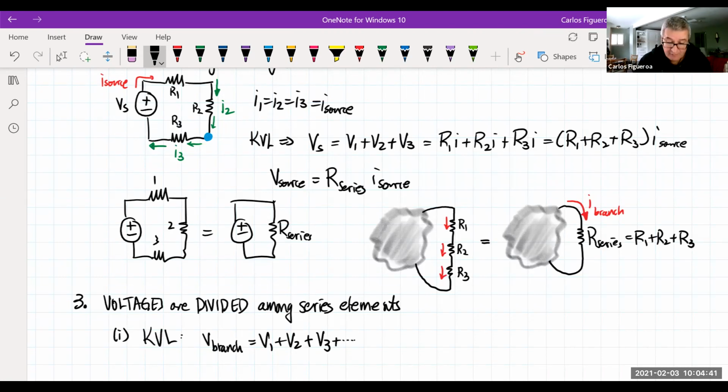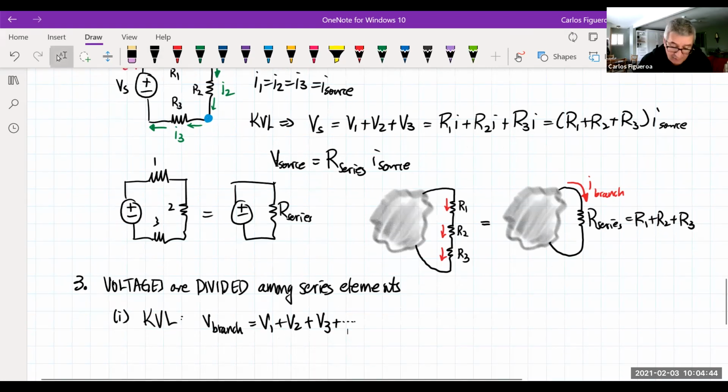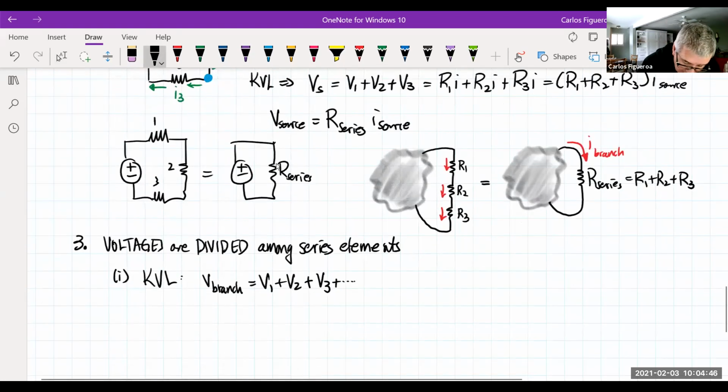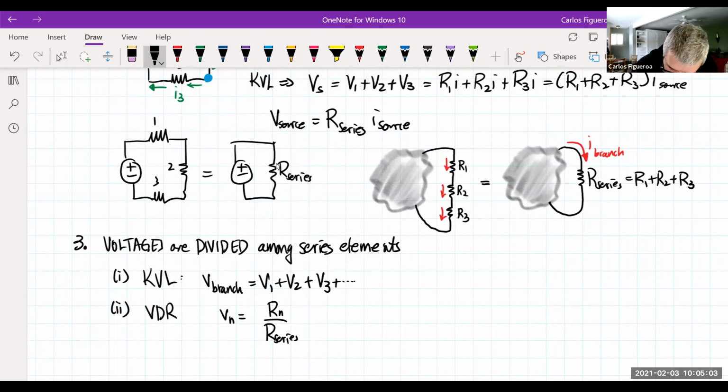That's one. The other one, which we started looking at in the lab, is something called the voltage divider rule. The voltage divider rule says that the voltage of the nth resistor is the nth resistor divided by the series resistance, times the voltage of the branch.